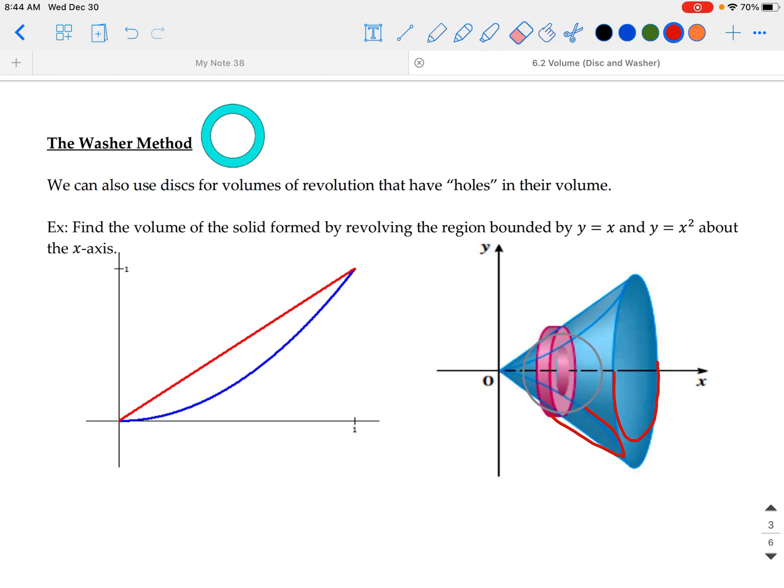So the question is how is this going to differ from the disk method? Well, it's really not going to differ too much other than thinking about how we get that hollowness. So in other words, if we're looking at our two curves here, so we've got y is equal to x and y is equal to x squared.